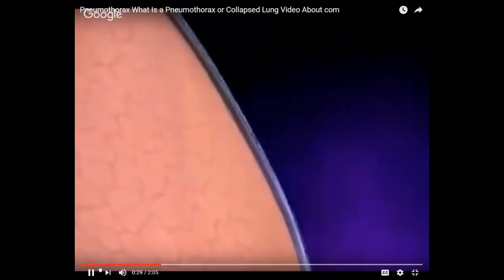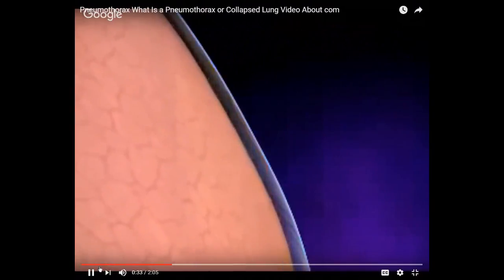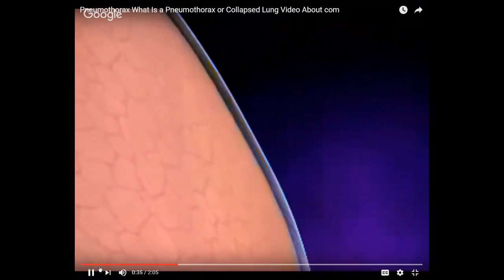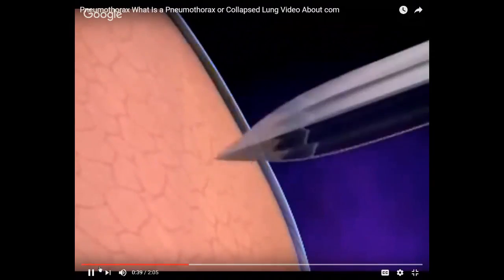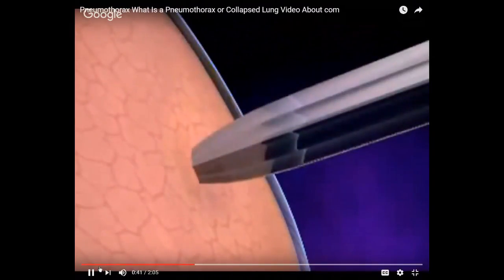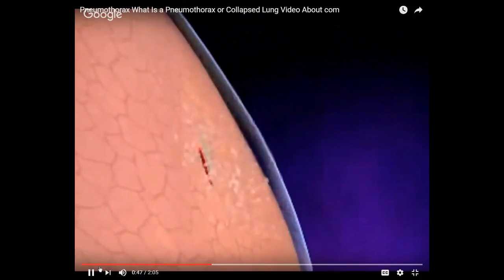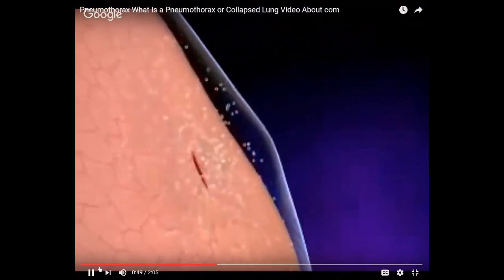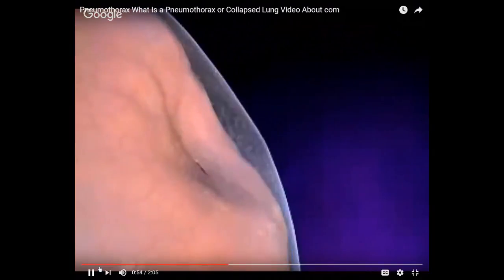If air enters the space, it is referred to as a pneumothorax. One type of pneumothorax, called a traumatic pneumothorax, can be caused by an injury to the chest. A blunt or penetrating chest injury can cause a small tear on the surface of the lung, allowing air to enter the pleural cavity and to become trapped. The pocket of air produces excessive pressure on the lung, causing it to collapse.